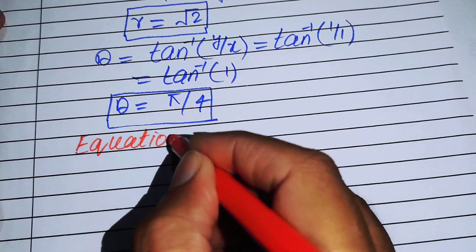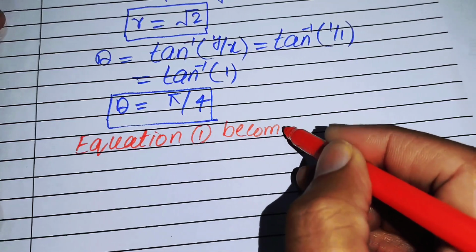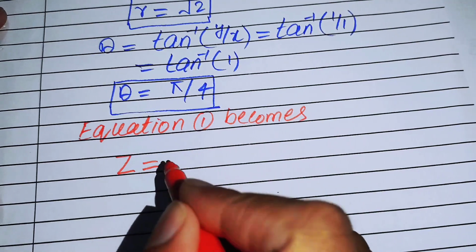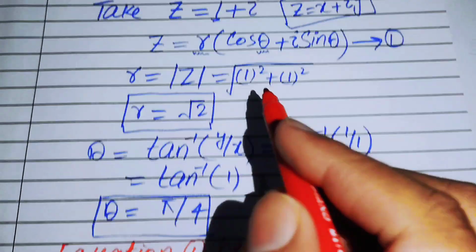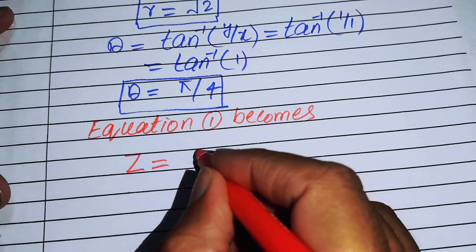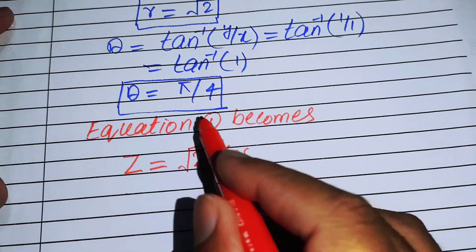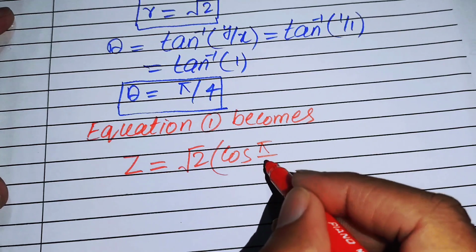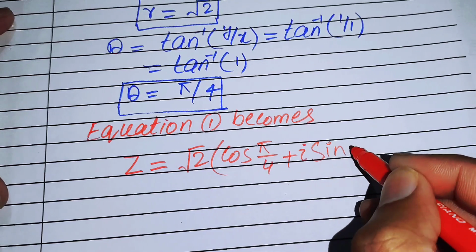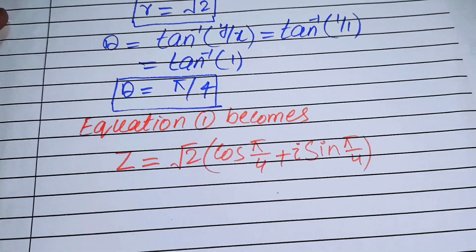So equation 1 becomes z equals to r into cos theta plus iota sine theta. We can just put the value of r, which is square root of 2, and cos of theta, where the value of theta is pi by 4, plus iota sine theta, and the value of theta is again pi by 4.